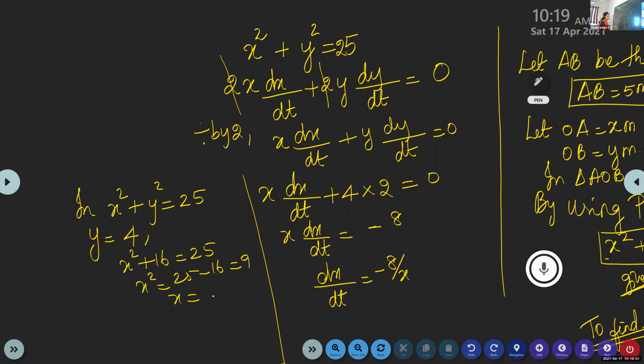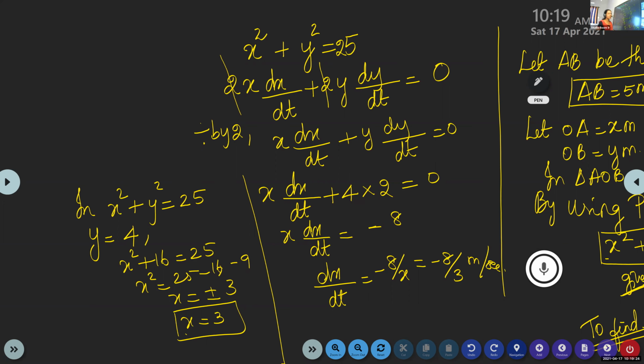X is 3, since it is a length. So it is minus 8 by 3 meter per second.